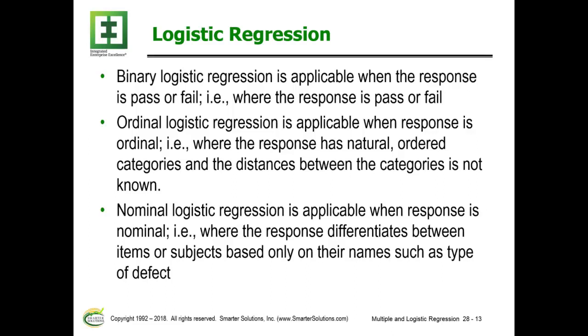Now, ordinal logistic regression is applicable when the response is ordinal. So there's a natural ordering of categories, but the distance between the categories is not known. That describes exactly what happens in surveys when you've got a Likert scale of 1 to 5. So you've got 5 as maybe the best and 1 as the worst.